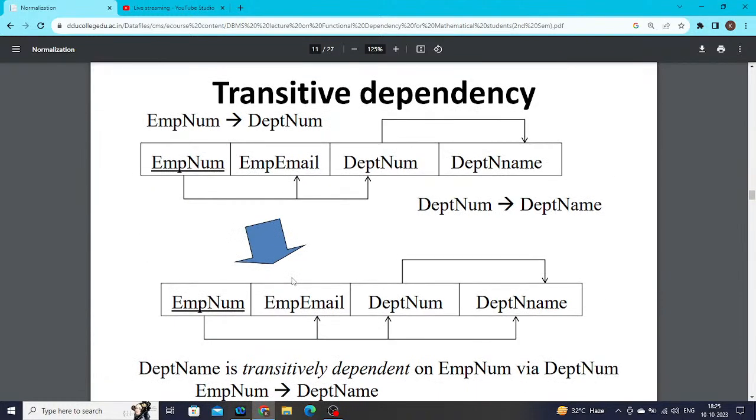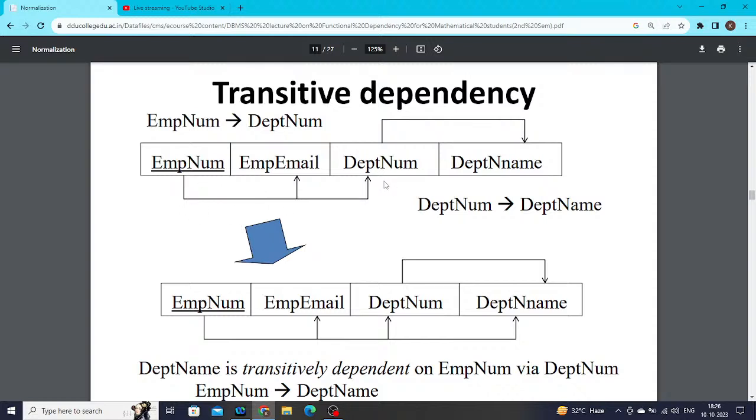Transitive dependency means the employee department number is dependent on the employee number, like we are reading from here. So these three things are the transitive dependency.